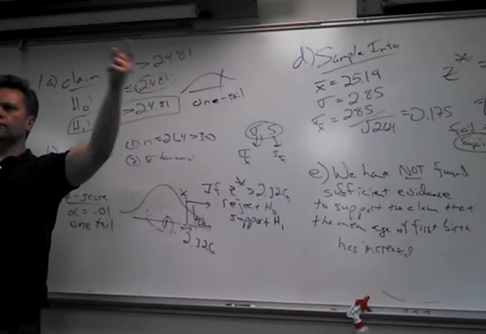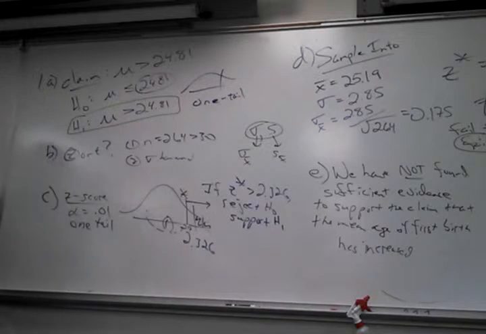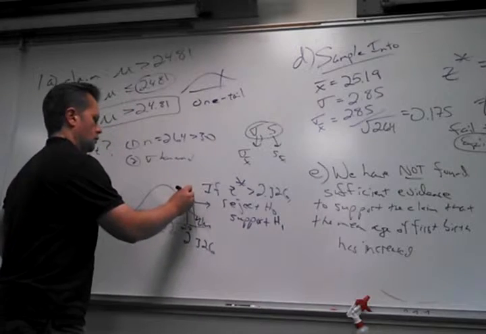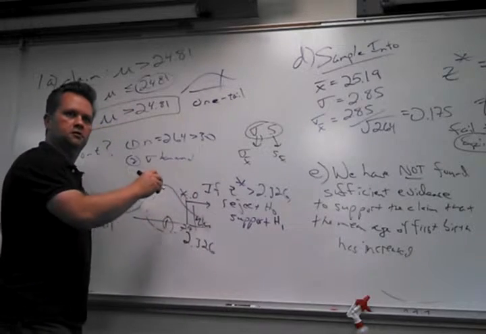So if you look up 2.17, do 1 minus that, what do you get? It's 0.9850, right? And 1 minus that? 0.015.